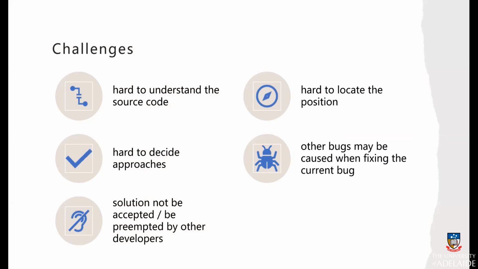We might also have different opinions on how to solve the issue, because different members have different ideas. And it can also happen that fixing one bug eventually brings more bugs, which might not be accepted by the project owner.